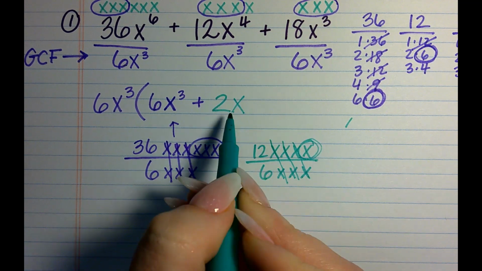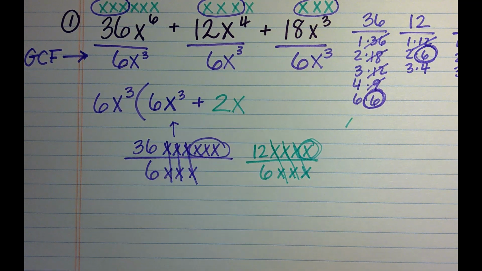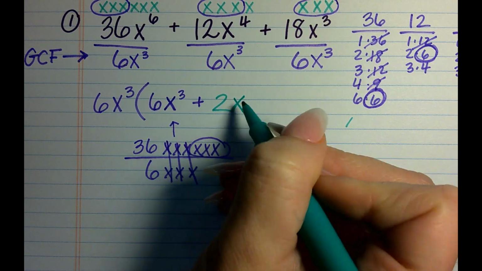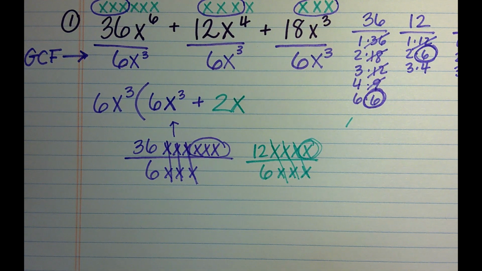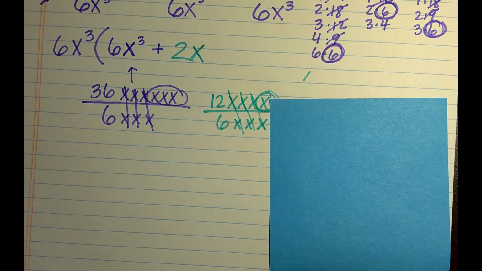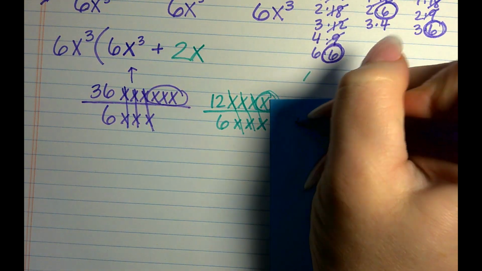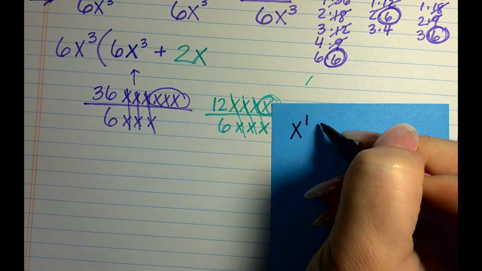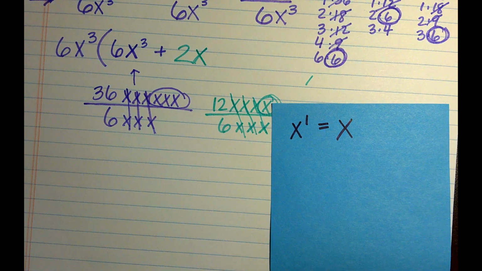Now, if I have 2x to the 1st power, do I need to write that 1? You don't. This is a little extra rule to keep in mind about exponents. Just a quick side note: x to the 1st power is the same thing as x.